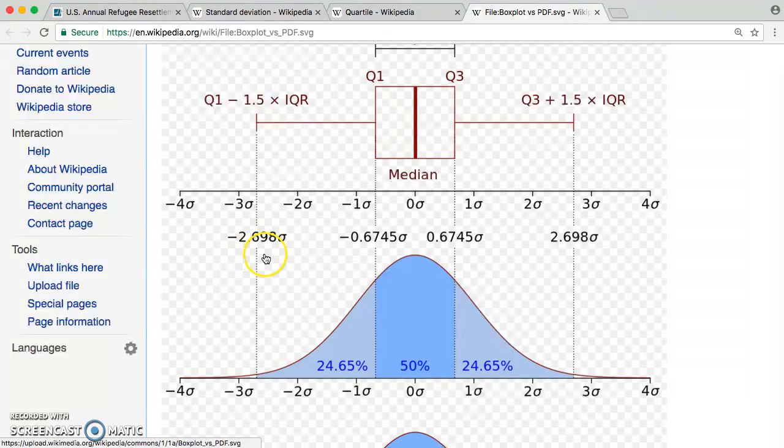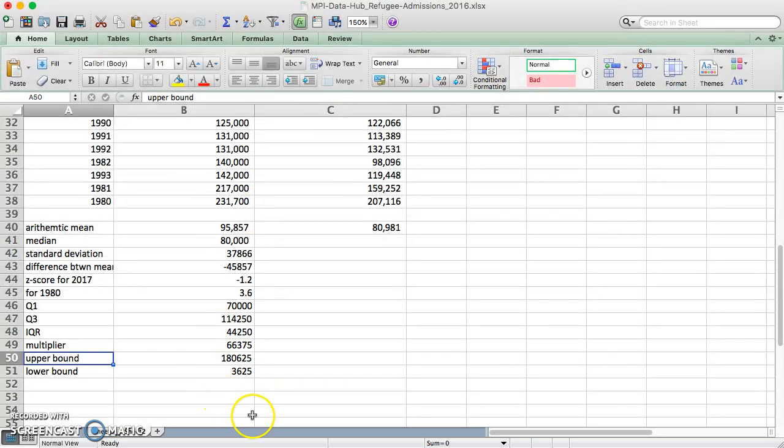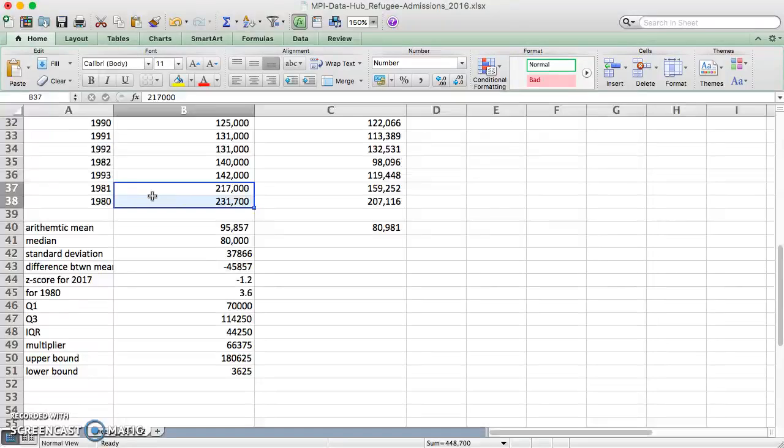So again, if we look at the upper bound, we see that our upper bound is 180,000 roughly. What this tells us is that the most extreme values we've seen are in 1980 and 1981. We admitted our refugee resettlement ceiling was almost 232,000 and then 217,000. Those are remarkably high levels, whether we look at it through the mean and the standard deviation or the median and the upper bound.